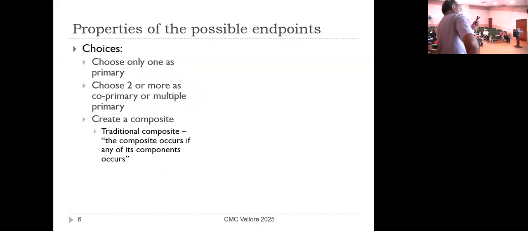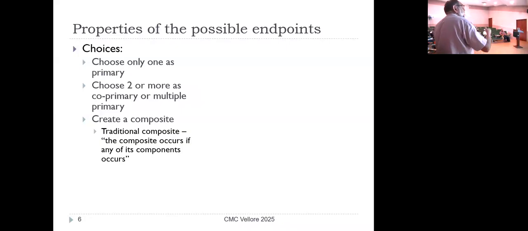So if I choose only one, or choose two or more as co-primary, or create a composite, I've created clinical events. The event may be only one, may be two different events, or I have one composite event. So I have events. And if I have events, what is my analysis?